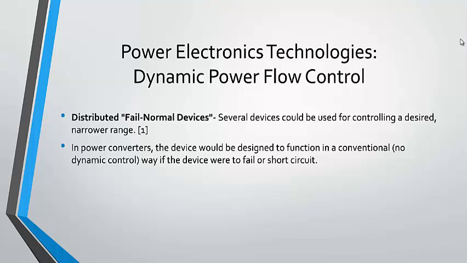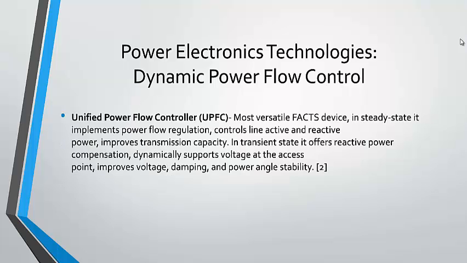Distributed fail-normal devices. Several devices could be used for controlling a desired narrower range. In power converters, the device would be designed to function in a conventional, non-dynamic control way if the device were to fail or short circuit. Unified Power Flow Controller, or UPFC, is the most versatile FACTS device.